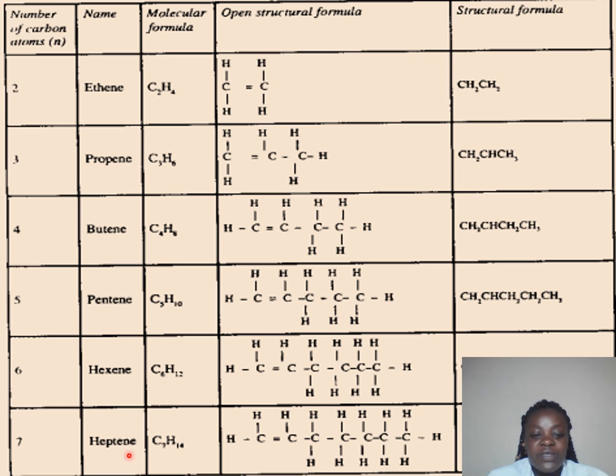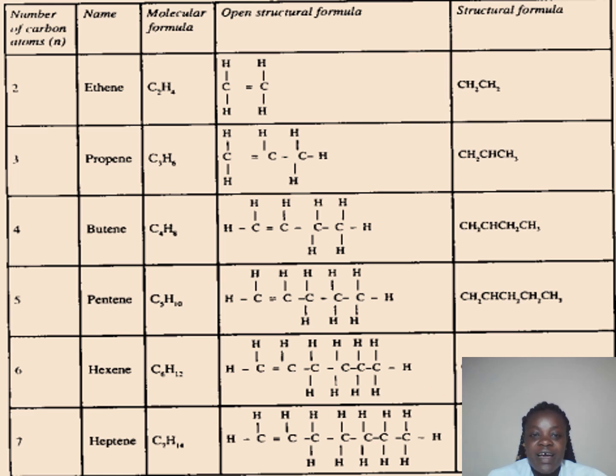Then we have heptene, 7 carbon atoms and 14 hydrogen atoms. Next we have octene, nonene, decene, and so on and so forth. So these are the first 7 members of the alkenes.